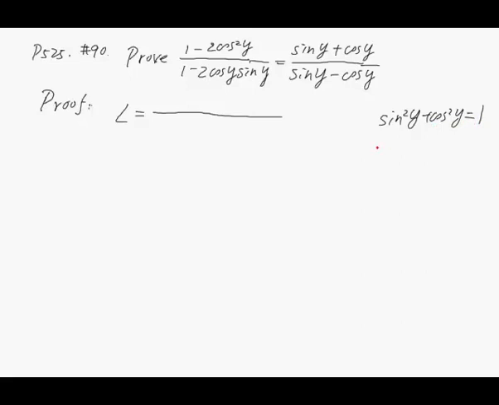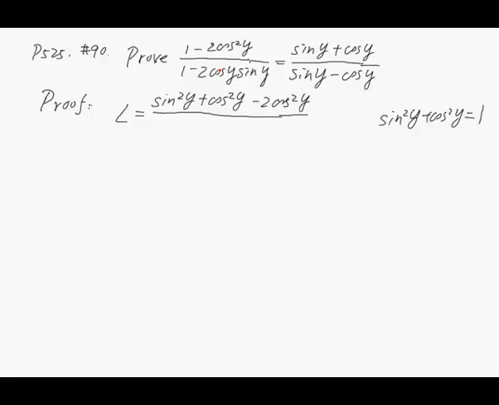Now, we will apply this fundamental identity in the reverse. Here, I try to replace this 1 by sine square plus cosine square. So now this is equal to sine square y plus cosine square y, and then minus 2 times cosine square y.